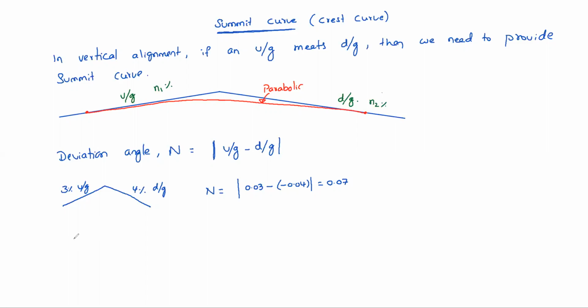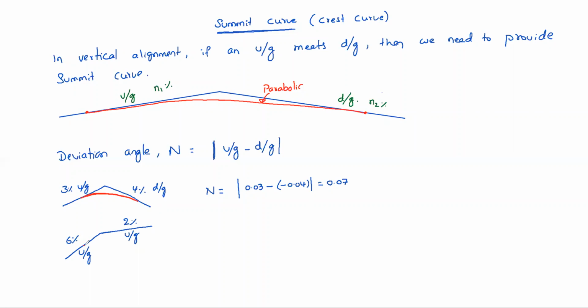Similarly, sometimes both upgradients may be there. Suppose one upgradient is 6% and another upgradient is 2%. Both are upgradients. Now also you get a summit curve. See here, this is a summit curve, right?